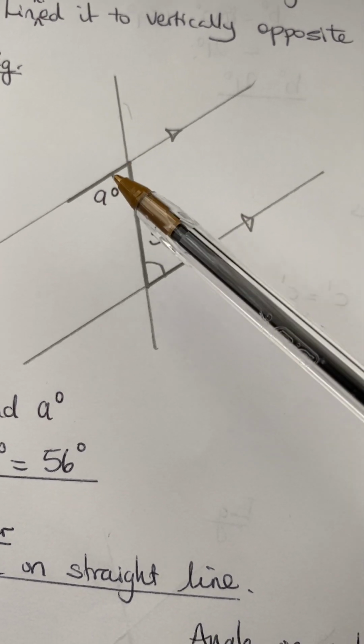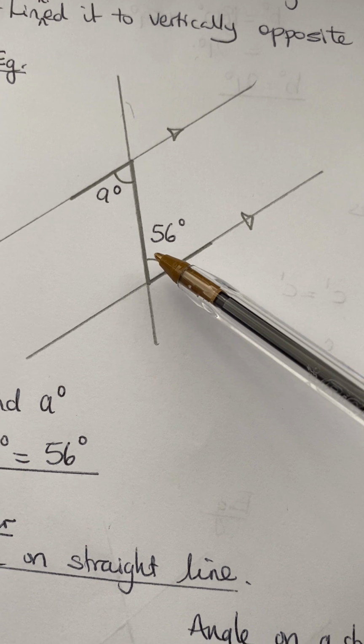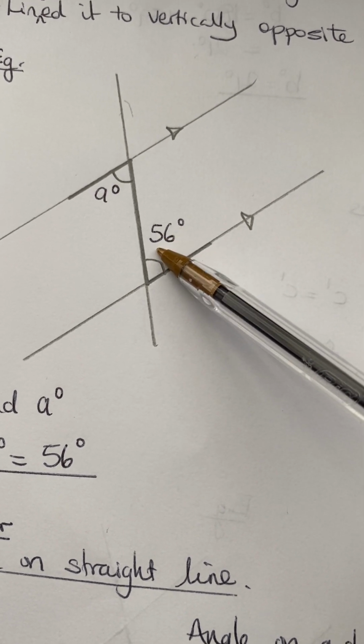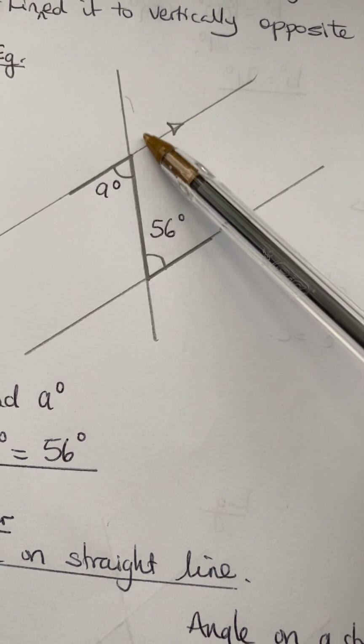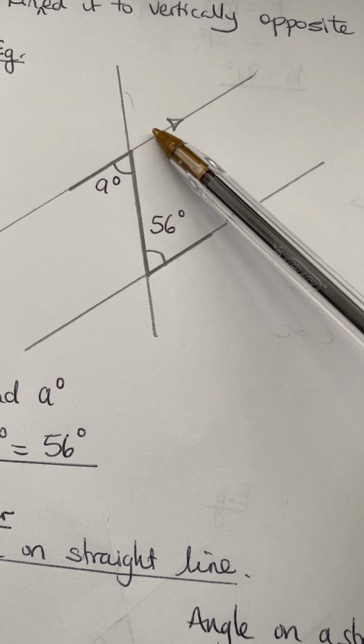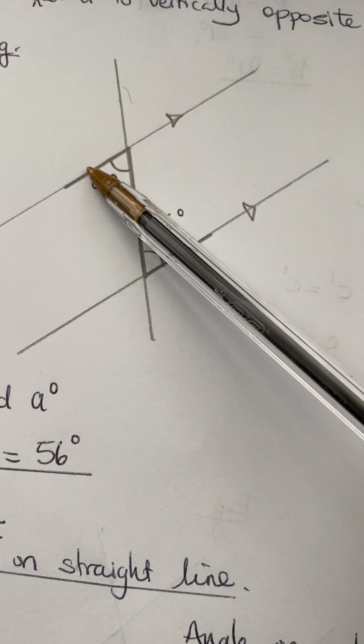And then I showed you before vertically opposite angles. So if this is 56 and that is 56, then this is also 56. And then I can use the angle on a straight line to find this angle.